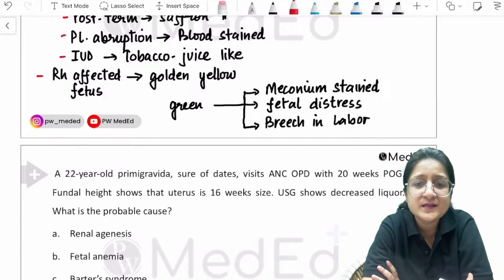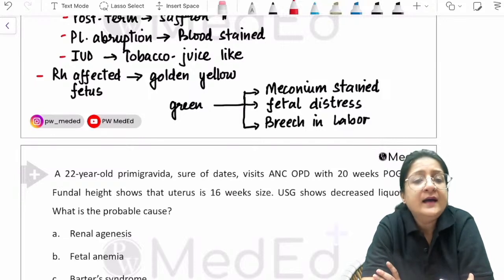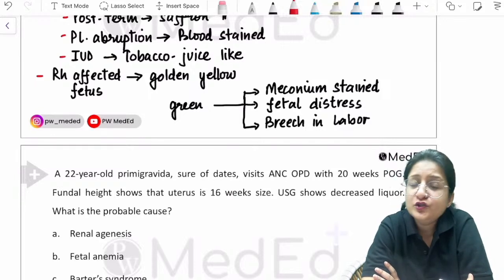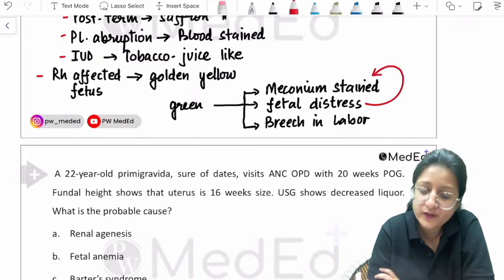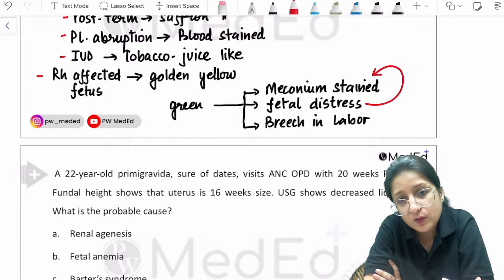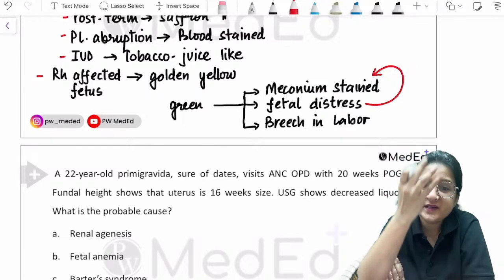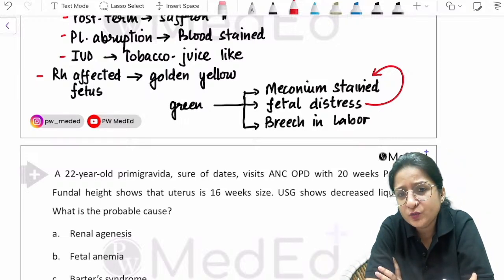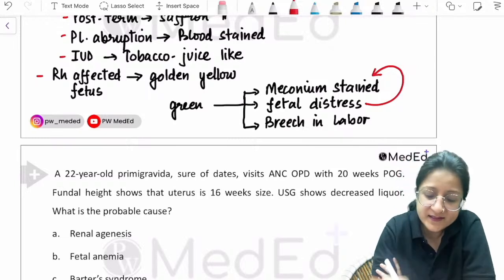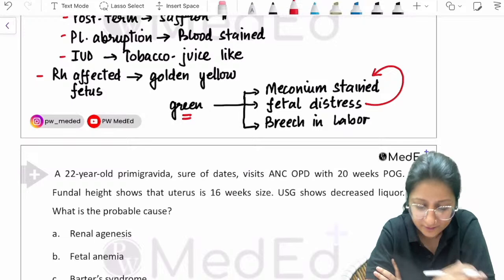If the baby passes meconium in utero, it can lead to meconium stained liquor. Fetal distress can lead to green colored amniotic fluid, because it also leads to meconium passage by the fetus. Likewise in breech in labor, when there is a breech presentation delivering vaginally, it can lead to meconium passage. So basically green color happens because of meconium passage by the fetus itself.